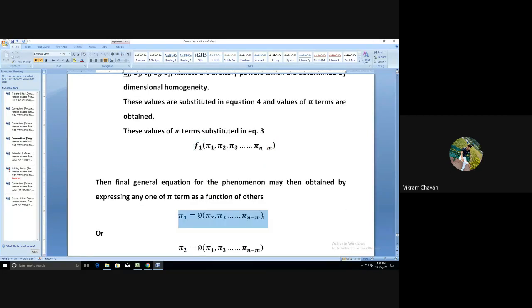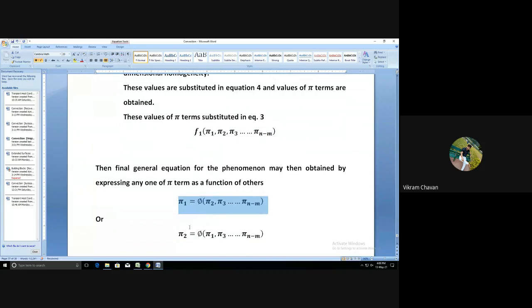Out of that, if you take the pi 1 term, you can write that pi 1 is a function of pi 2, pi 3 up to pi n minus 1, or you can take pi 2 as a function of the remaining pi terms: pi 2 is a function of pi 1, pi 3 up to pi n minus 1.